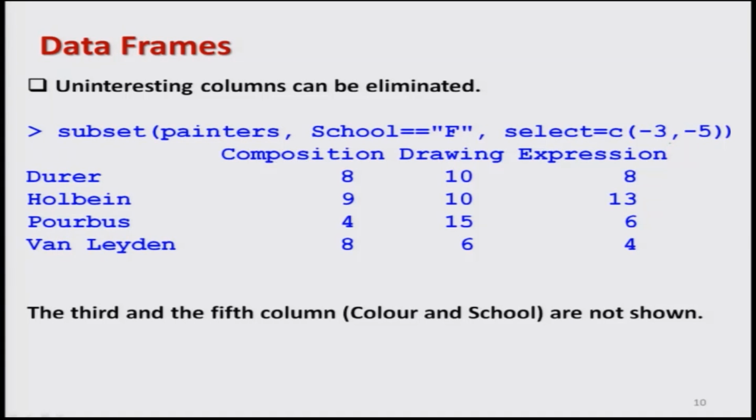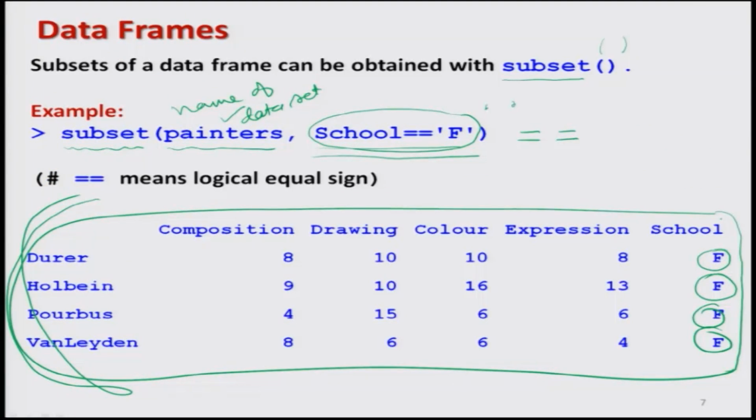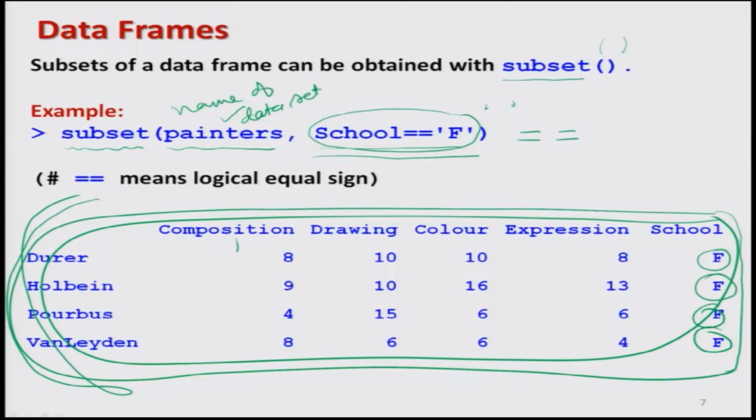I want a subset of the data from the data frame painters for those painters who have gone to school F. So, this part is going to give me the data set for which the school is equal to F, and this is the same data set we had obtained here. First you have a look so that you can compare the outcome. This is the data set we have obtained here, and you can see the first column here is composition, second column is drawing, third is color, fourth is expression, and fifth is school.